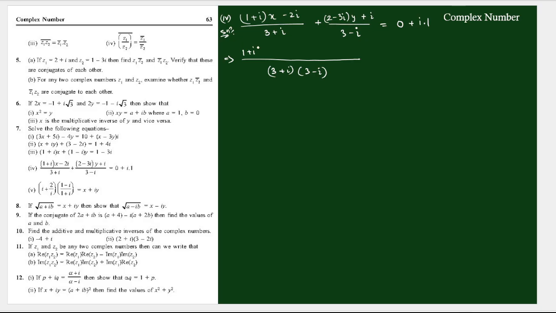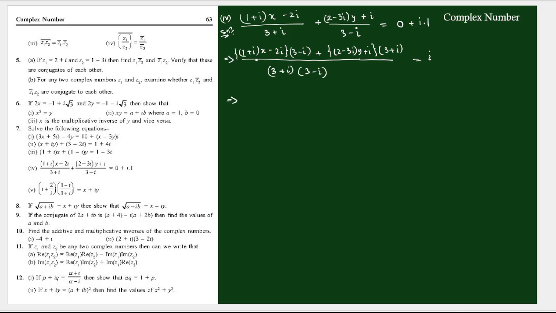So 1 plus i, x minus 2i, all multiplied with 3 minus i, plus 2 minus 3i, y, times 3 plus i. Then we get here 0 plus i, so don't write 0, only i. We will take this to the other side.